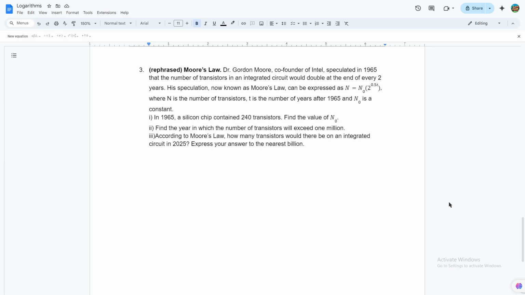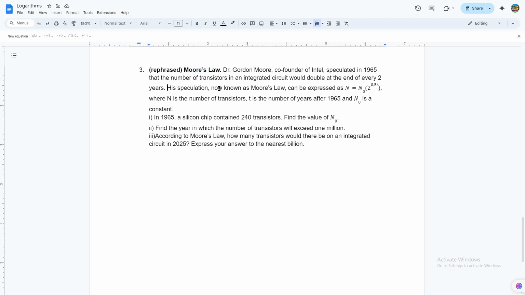Now let's move on to question 3, which is a rephrased question. We'll be looking into Moore's law. Dr. Gordon Moore, co-founder of Intel, speculated in 1965 that the number of transistors in an integrated circuit would double at the end of every 2 years.